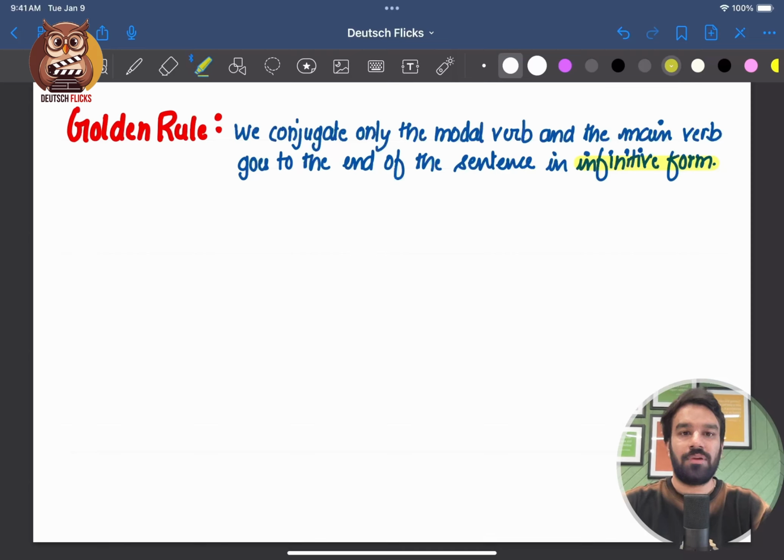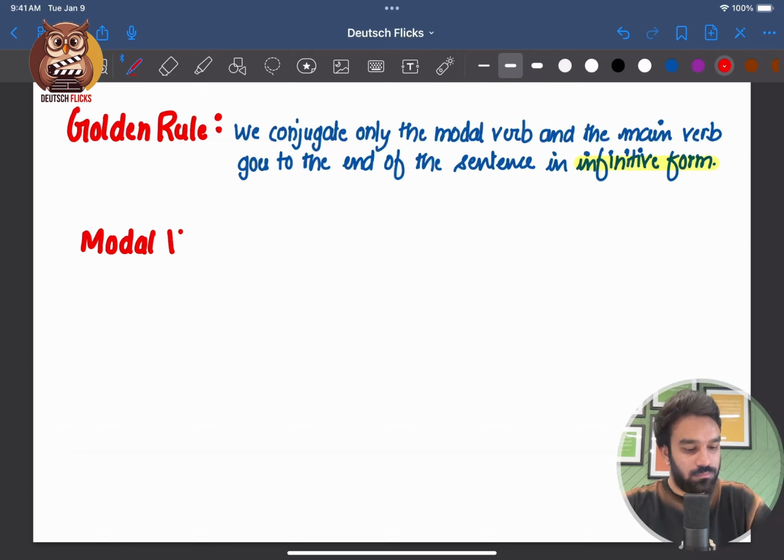Okay, so we have discussed the position of the infinitive verb, but what about the modal verb? What is its position? Now see, I'm writing two positions. It could be either second or first.